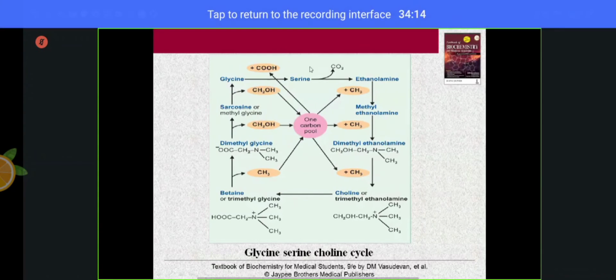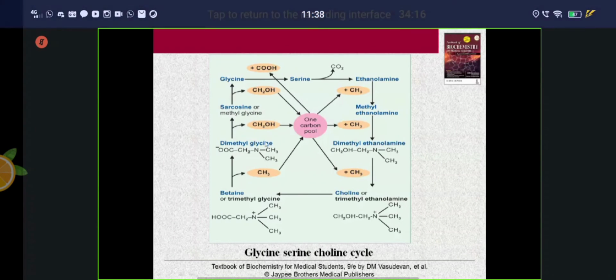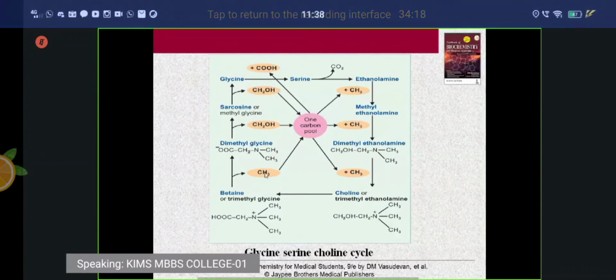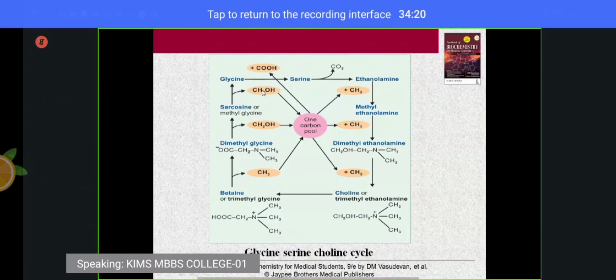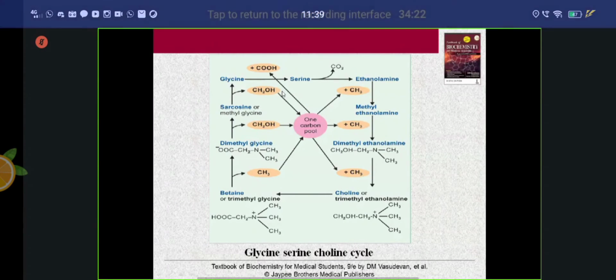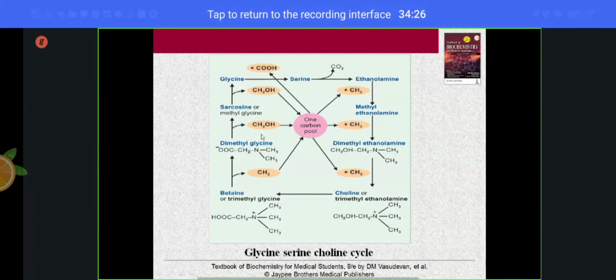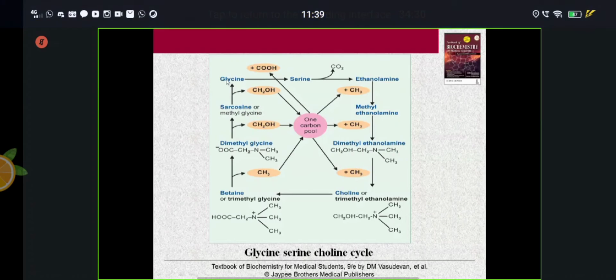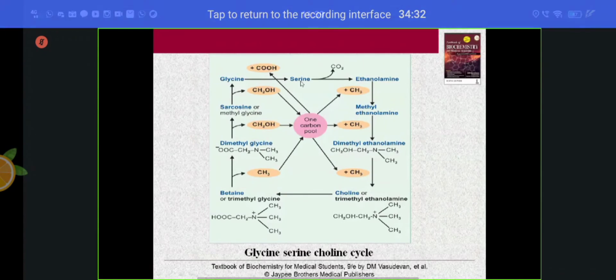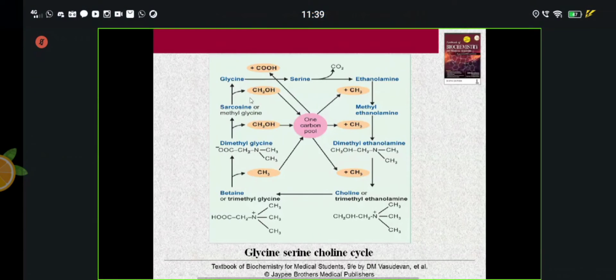Because all the reactions give 1 carbons. Methyl CH3, CH2OH, and COOH are also 1-carbon groups. So all these are known as the 1-carbon pool. When you see this diagram: glycine, serine, ethanolamine, choline. Again from choline, we are getting glycine.